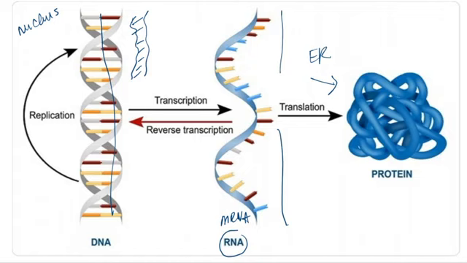DNA replication consists of breaking of weak hydrogen bonds between the bases, so these bases over here, and then the single strand of each base is unpaired. Adenine pairs with thymine, guanine with cytosine, known as complementary base pairing, so they match up, and that is the key to accurate replication.